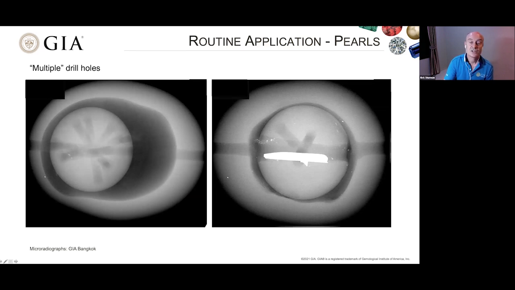Another interesting example of what we can see with X-rays is the drilling in this particular pearl, or these two particular pearls. This one here shows a bead with multiple drill holes, and this one also shows a bead with two drill holes and also a piece of metal that broke off during the drilling process. So the cause of this is the fact that the bead is not fixed inside the pearl, so it's able to move around.